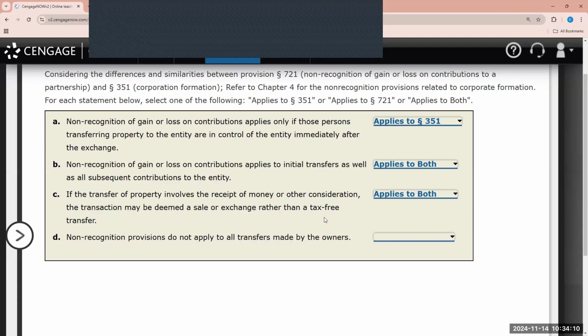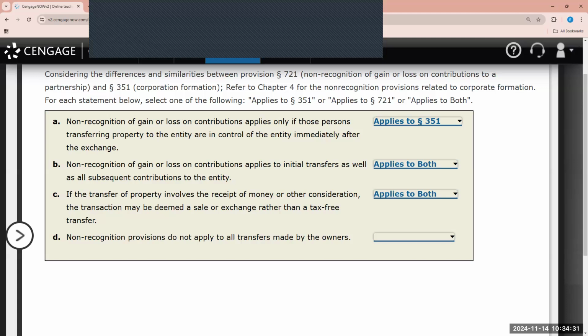Last one, D states non-recognition provisions do not apply to all transfers made by the owners. There are some similarities between section 721 and section 351 in that these non-recognition provisions don't apply to all transfers made by owners.